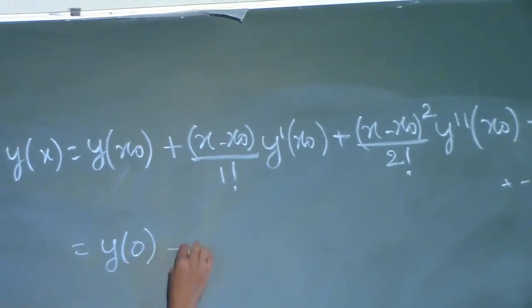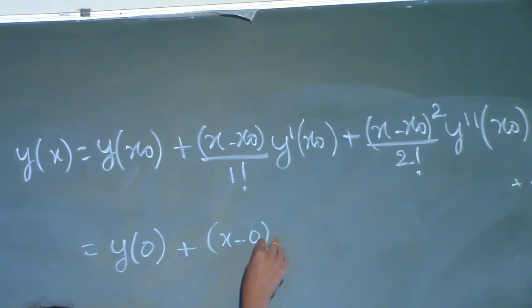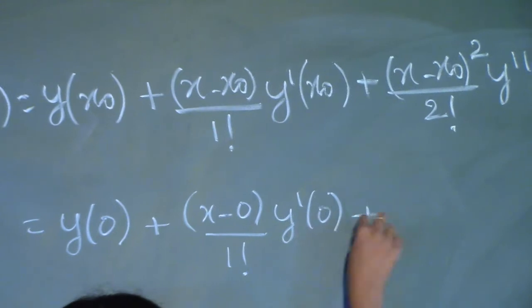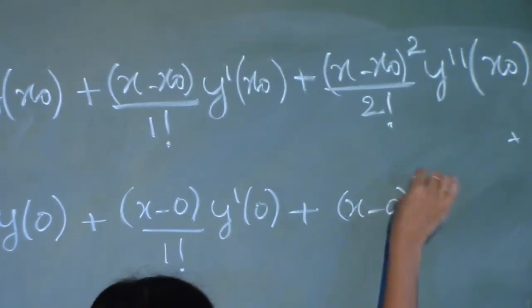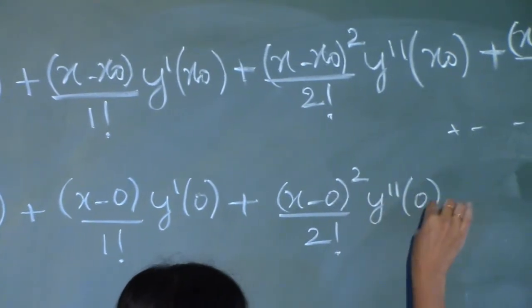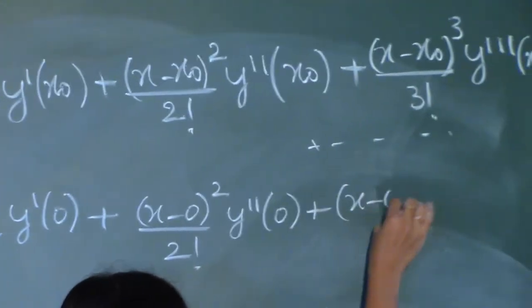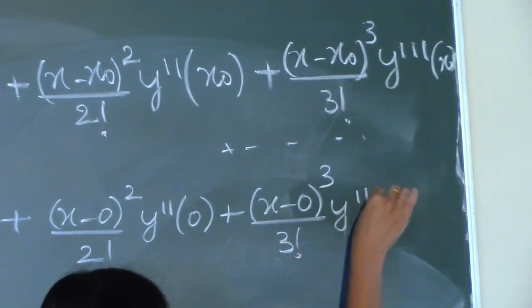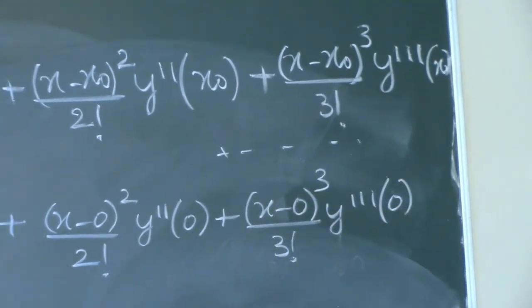Y of 0 plus x minus 0 by 1 factorial, y dash of 0 plus x minus 0 whole square by 2 factorial, y double dash of 0 plus x minus 0 whole cube by 3 factorial, y triple dash of 0.